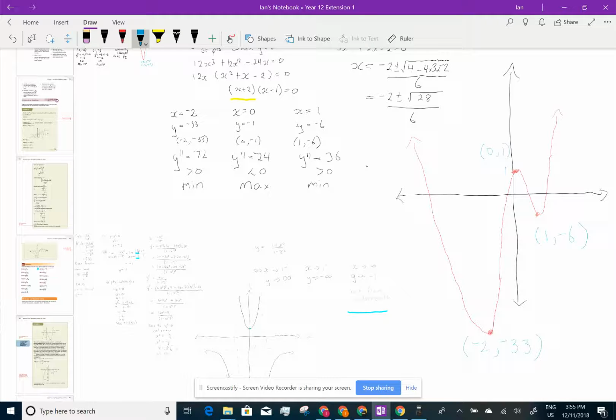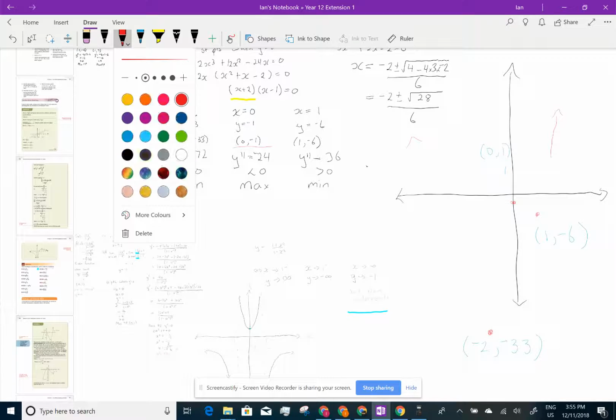And I'm just going to check that. And they got 0, silly, 0, negative 1. Look at that. It's 0, negative 1. I'm just going to quickly get rid of that. And it's 0, negative 1. So it's down here.